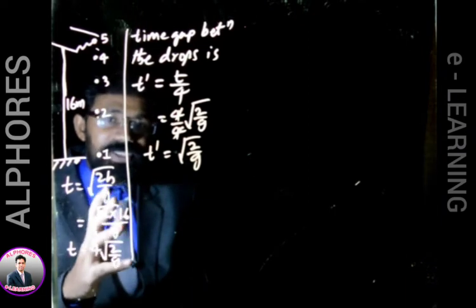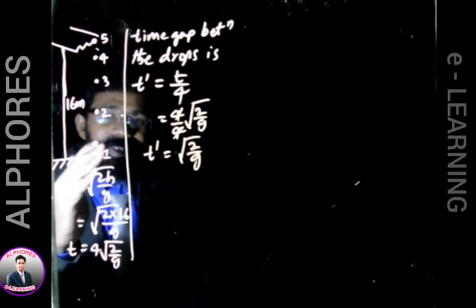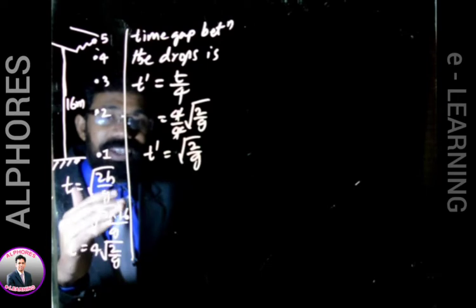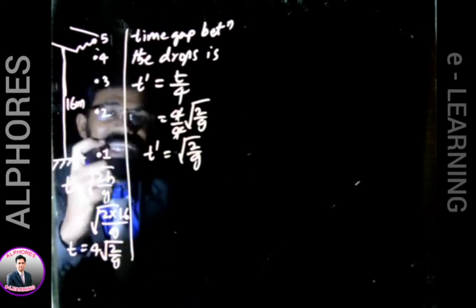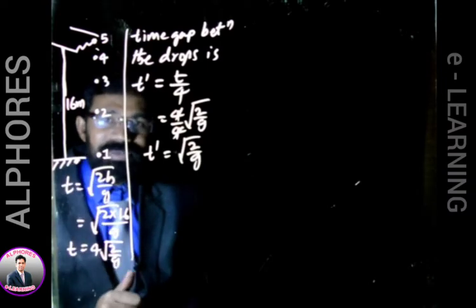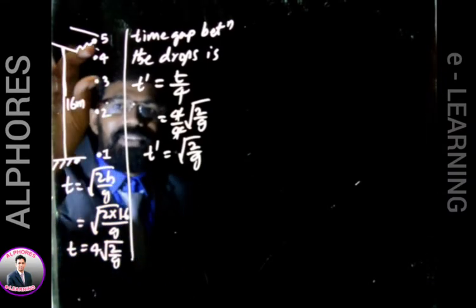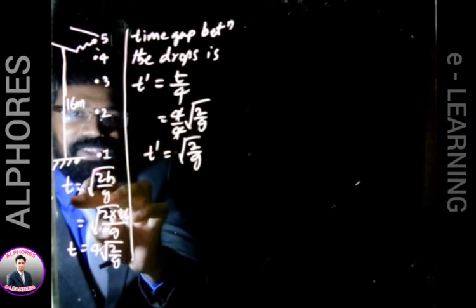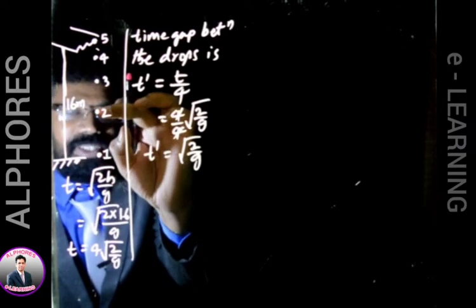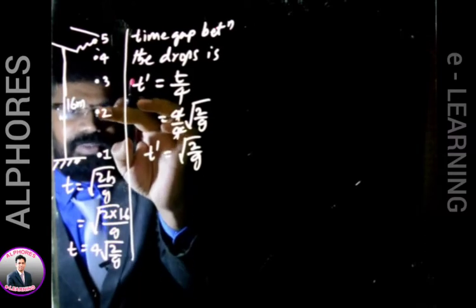I am telling you this point again. In the situation, it is clearly mentioned that the drops are falling from the roof after regular intervals of time. So they are equally spaced in terms of time, not in terms of distance. So the time gap is the same. From here to here, if the time gap is t, then from here to here, what will be the time gap? T by 4. From here to here, t by 4.